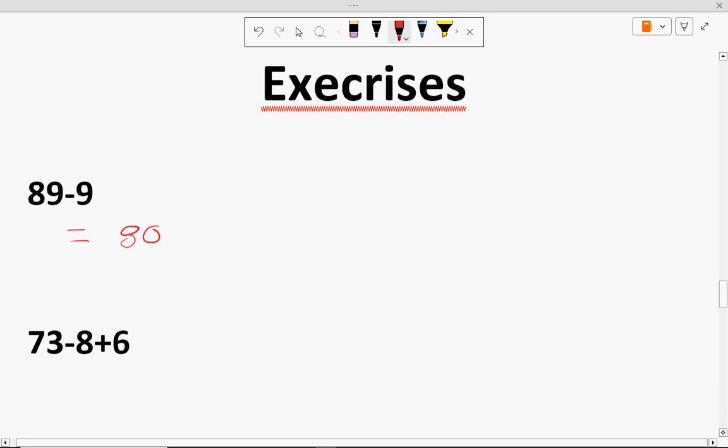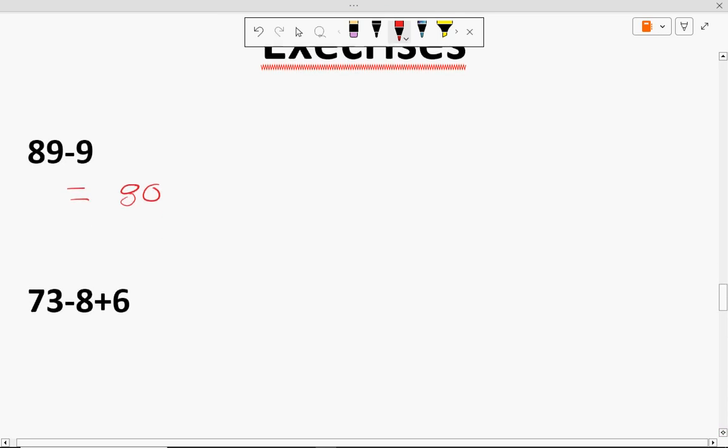In the second case, we observe that there are two operators. So which one has to be done first? Now here comes BODMAS into play. First we have to take up the addition and then the subtraction. Now 73 has a plus and 6 is a plus, so we will add 73 to the 6.